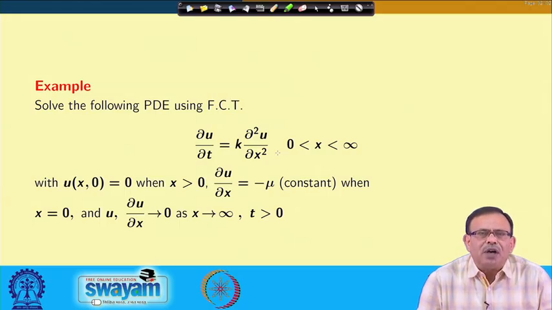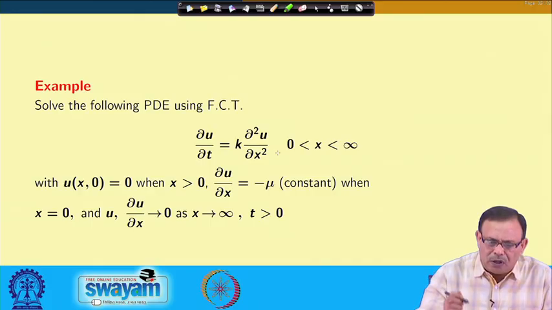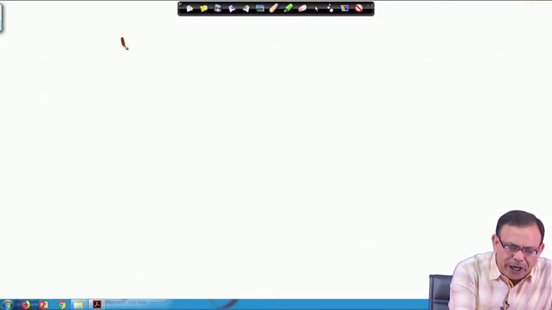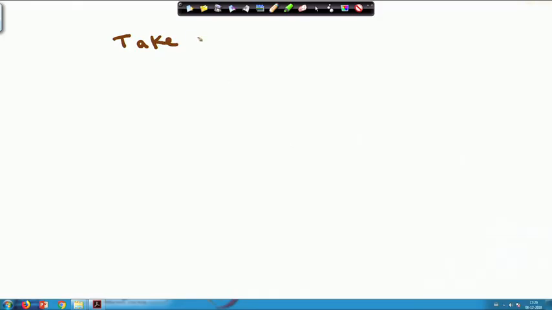Since the value u(x,0) equals 0 is given and the value of del u del x is provided, we apply the Fourier cosine transform to find the solution. So, you take the Fourier cosine transform with respect to x on this, so root over 2 by pi will come.